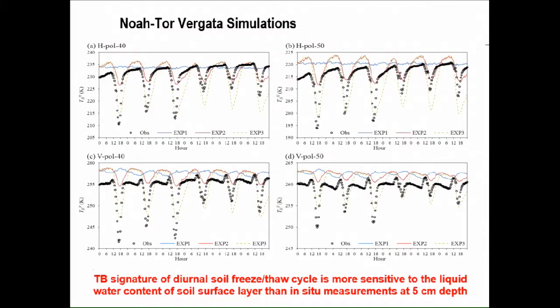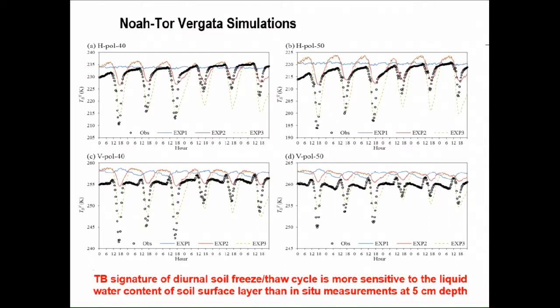And what you see here is the forward simulation with respect to the observation by the ELBARA radiometer. And you see that if you use the normal configuration, using the top 10 centimeters as your model input, you will never be able to match what is observed.